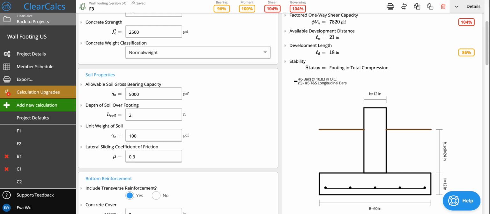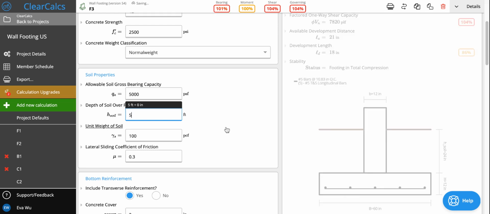Then it says, design the wall footing to be based 5 foot below the final ground surface using an f'c of 3,000 normal weight concrete and a rebar yield strength of 60 ksi. So we can set the depth of footing below ground here.